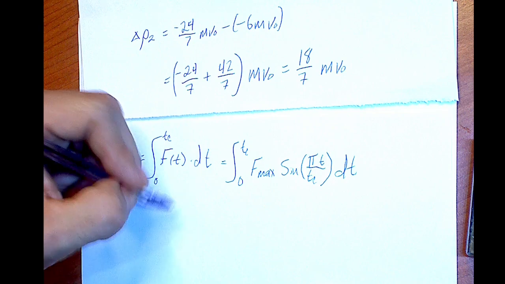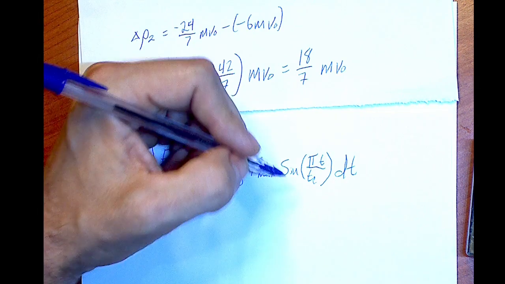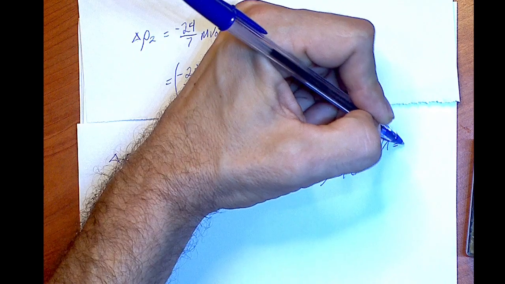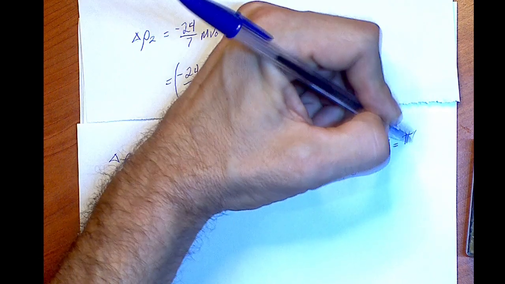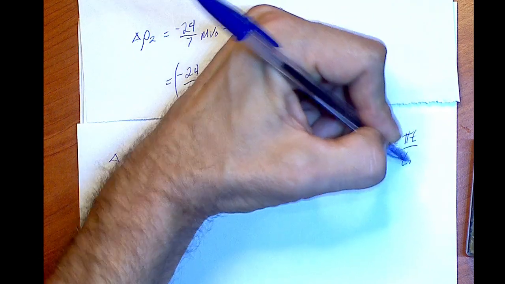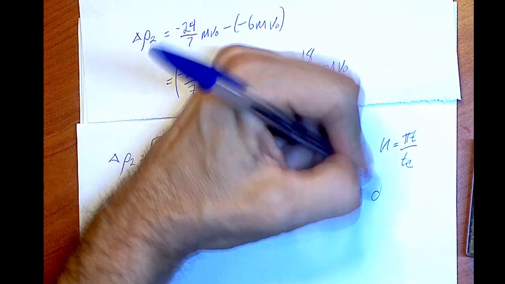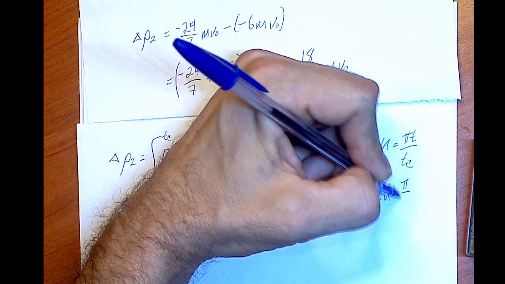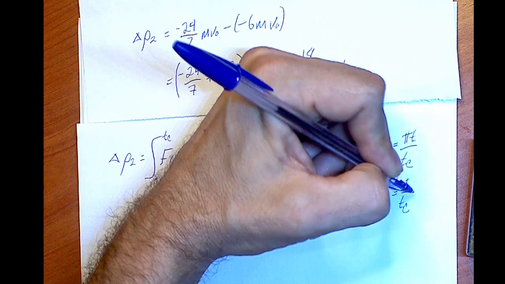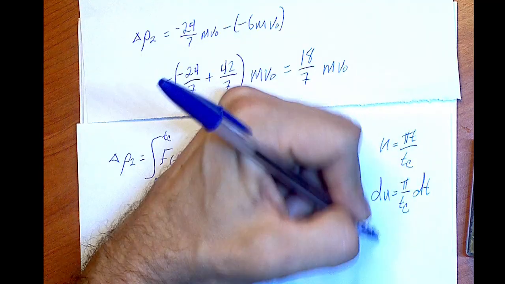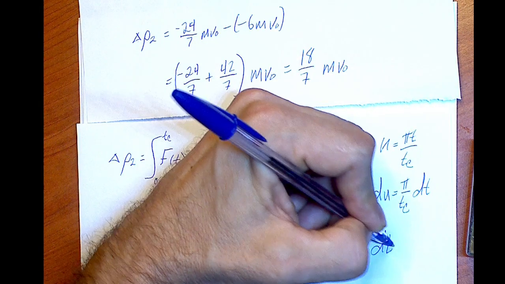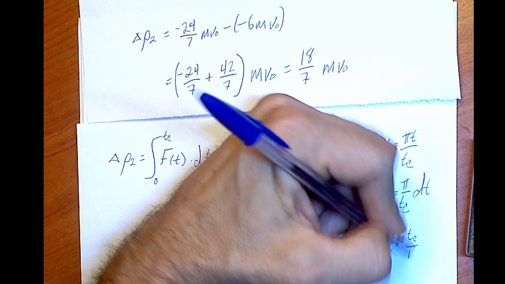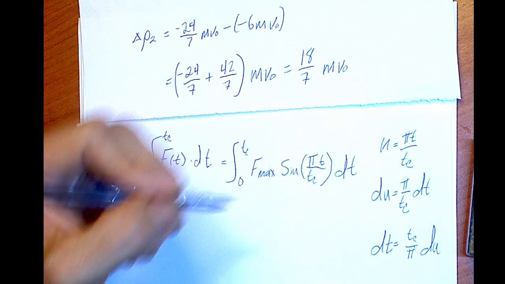We can evaluate this integral by, well, probably the easiest way to do it is just do a u substitution, let u equal pi t over tc. And so then du equals pi over the time of collision dt. And then, of course, dt equals the time of collision over pi du.